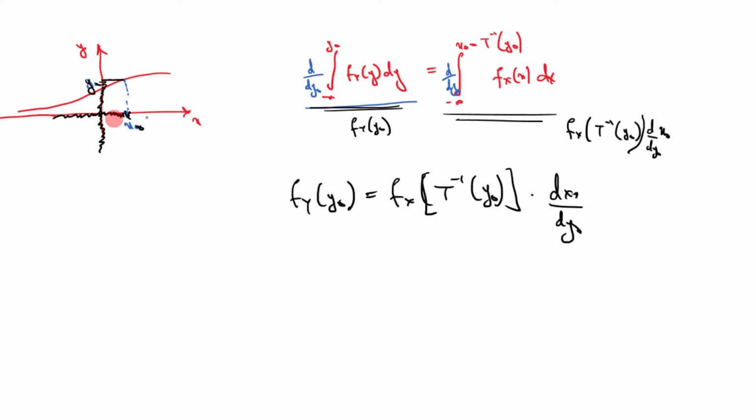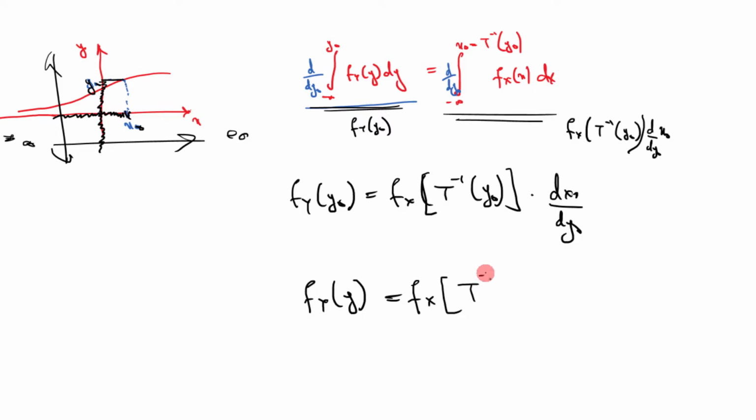So dropping this subscript, because you are interested in the whole function from minus infinity to plus infinity, for the whole range you can drop the subscripts and it will be fy of y is equal to fx of t inverse of y into the derivative of x with respect to y.